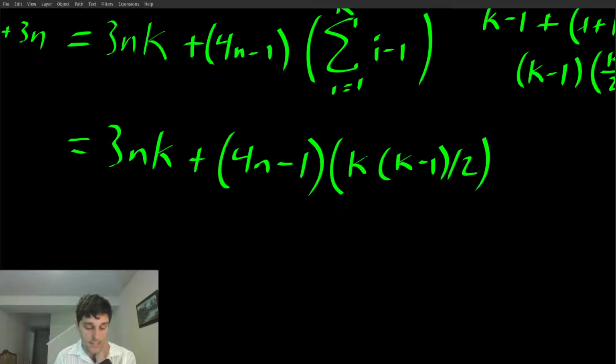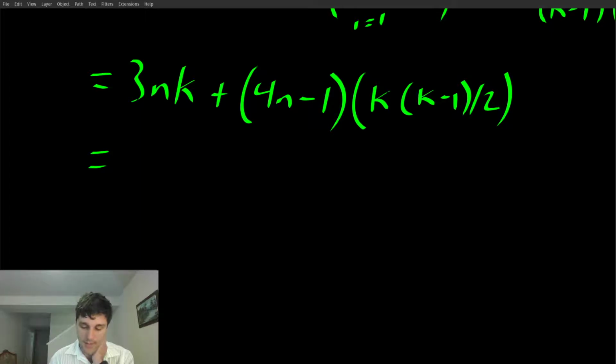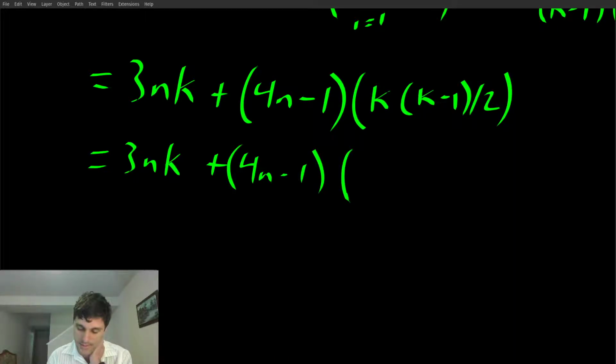this is the total number of floating point operations that we're doing here. And we can distribute out now, and the bigger terms are the ones that we care about, right? Because those are the ones that tend to dominate. So I'm going to end up with something like 4n minus 1 times k squared over 2 minus k over 2, right?